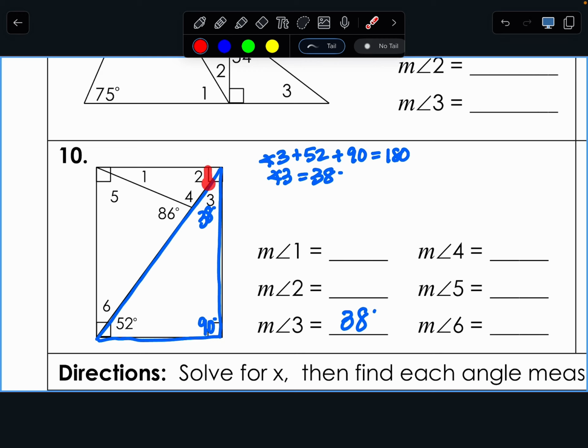Because this is a right angle and this piece is 38, I can find angle 2, right? Angle 2 plus 38 has to equal how much? What does the square mean? 90. So angle 2 equals 52.